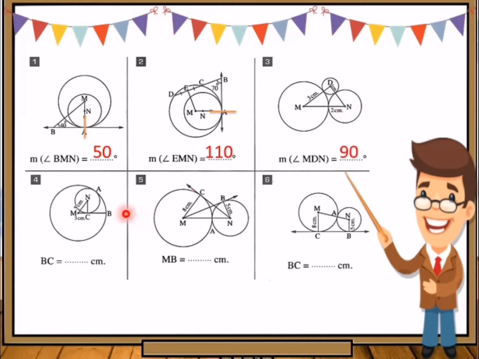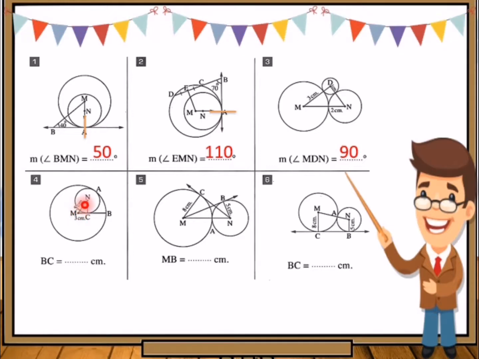Number 4, we want to find the length of BC. First of all, the distance between the centers M and N equals 5 cm. In the case of touching internally, the distance between the centers equals the difference between the radii.